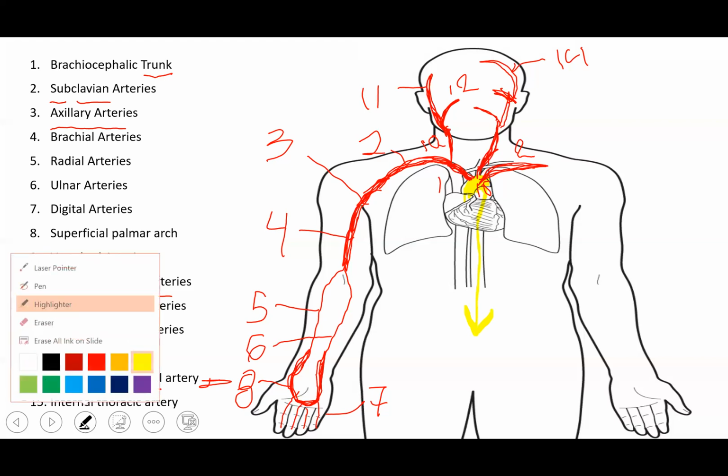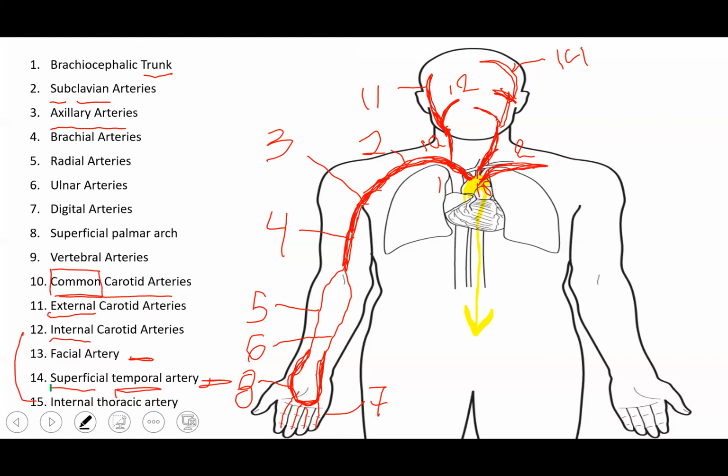And this vessel changes names just like anything else, and the trigger for changing names is the diaphragm. When this vessel is in the thoracic cavity, we can call it the thoracic aorta, the descending aorta, or the descending thoracic aorta. So lots of different names, and we've kind of gone over that before when we talked about the heart.